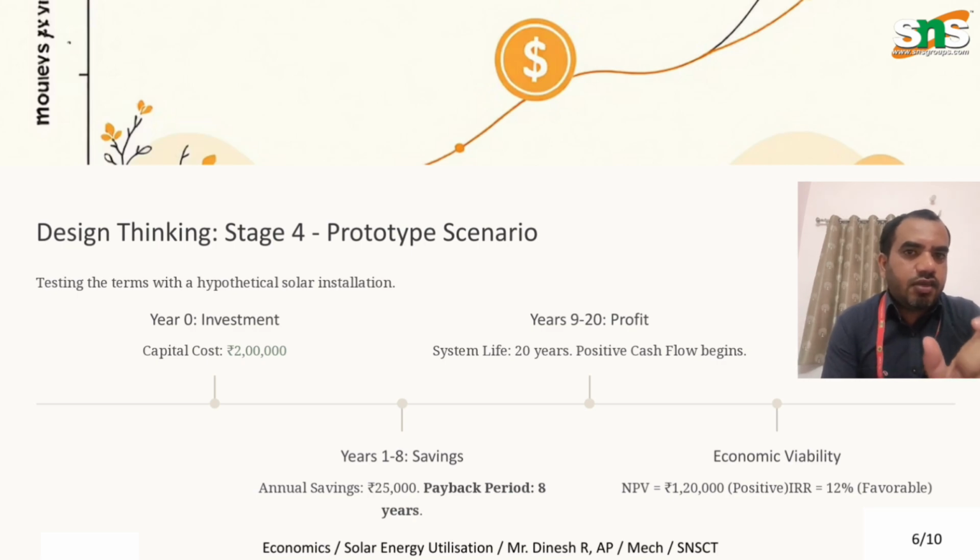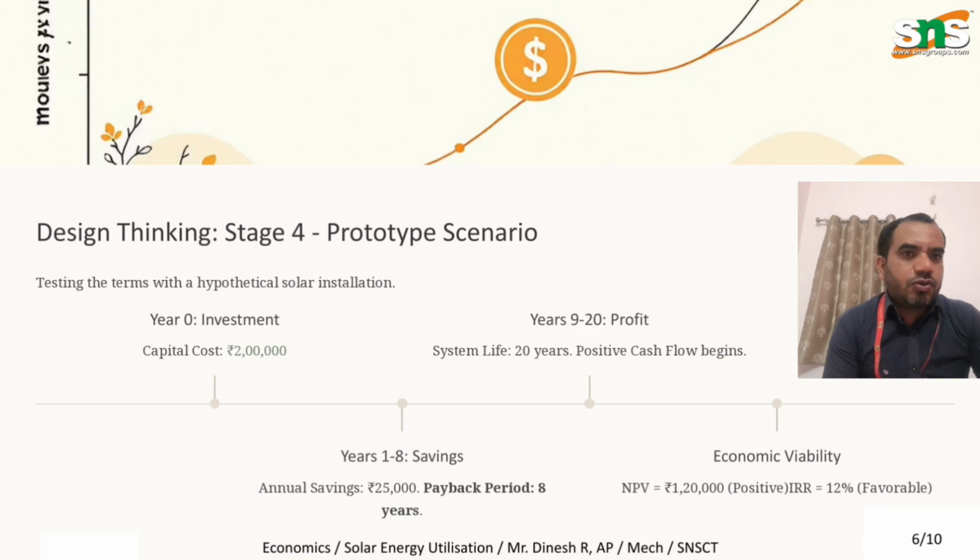At the investment we are investing 2 lakhs. In order for us to get the 2 lakhs back, let's consider the annual saving as 25,000. So it will take 8 years to recover that investment. After that, years 9 to 20 are the remaining lifetime of the solar system. That is what we call positive cash flow, which means it's our profit.